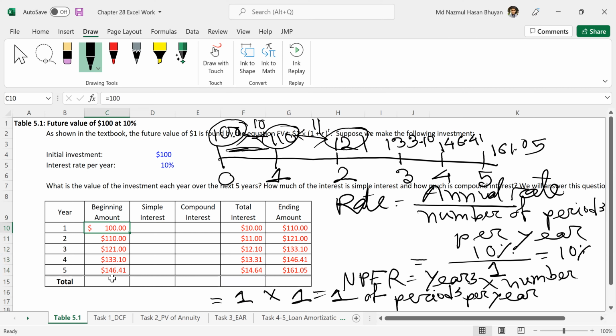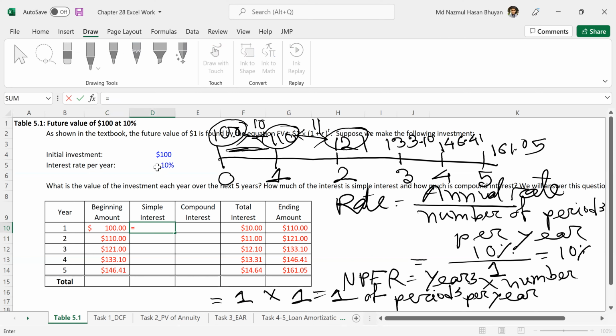Just $100. You have never added any money outside of this $100 to your account over the time period. So your principal has always been $100.